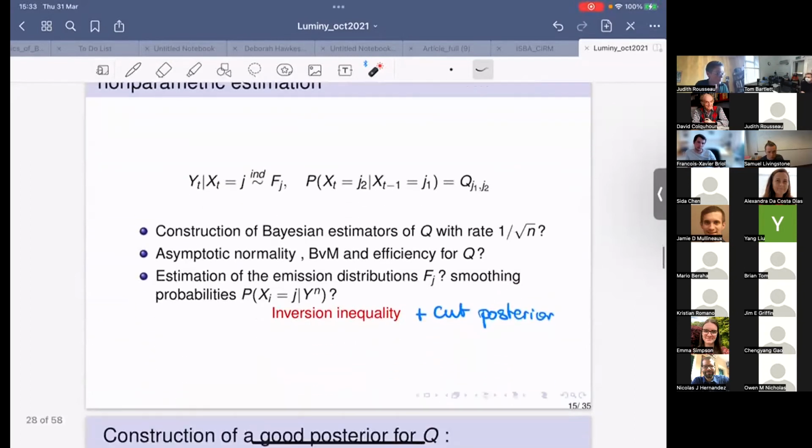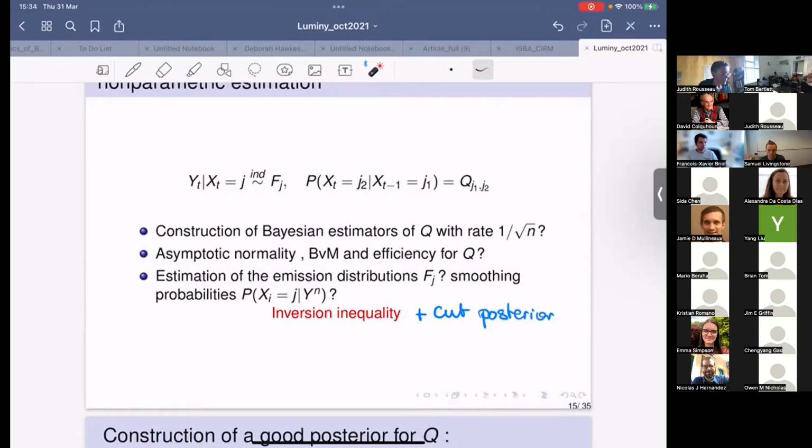So that's for Q. But as I said, we might also want to estimate the emission distributions. For instance, if you want to do smoothing, so if you want to recover the states given the data, then you need to estimate the probability of x_t equals j given all the data, which are the smoothing probabilities, and they are functionals of Q and the emission distributions.